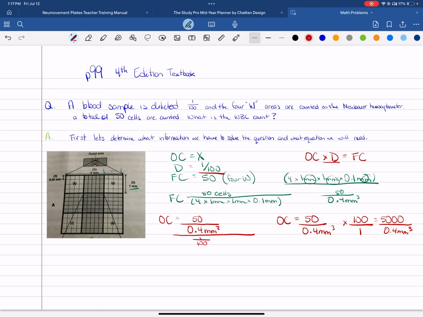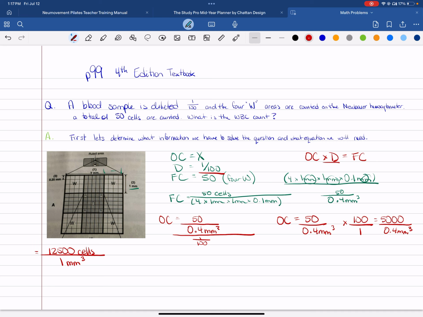Now, we can simplify this even further. 5,000 over 0.4. 0.4 goes into 5,000 12,500 times. So we can simplify this into 12,500 cells in 1 millimeter cubed.